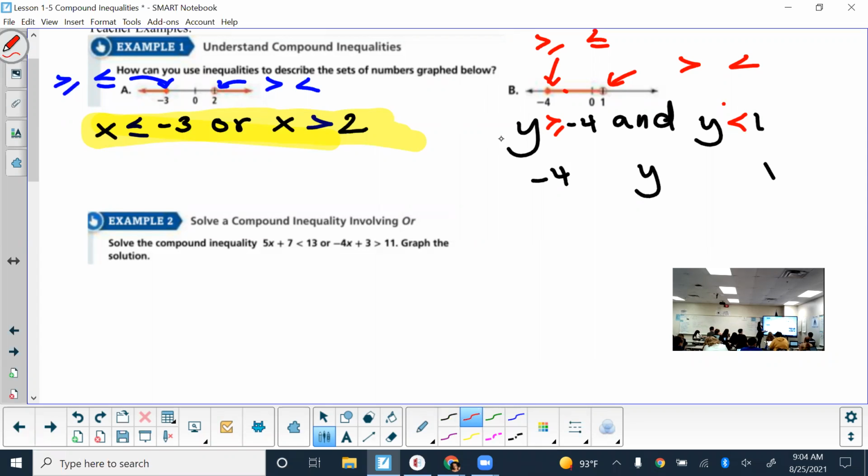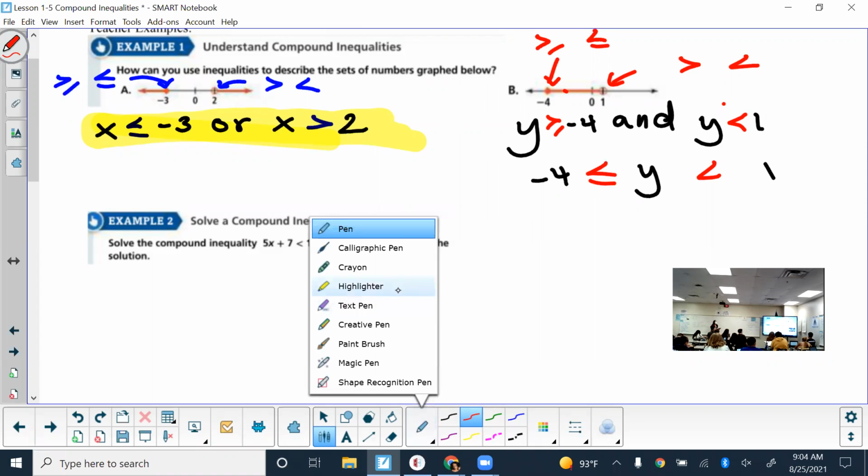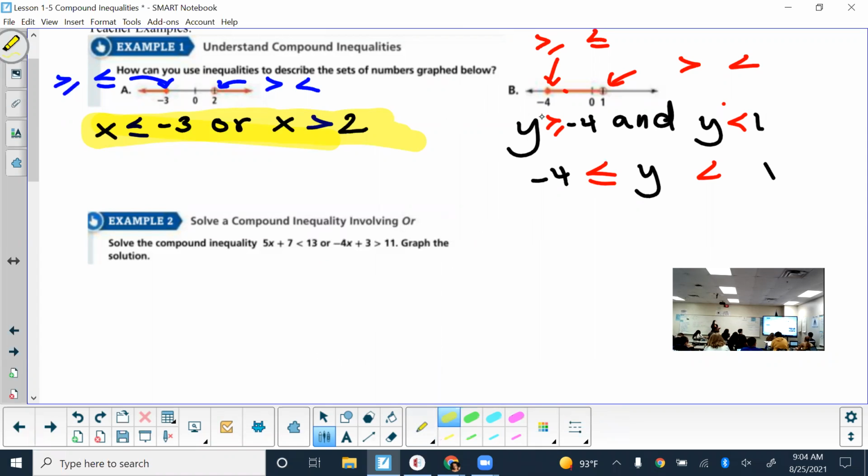So since the y is bigger compared to the -4, it needs to stay bigger. And then for the other one, since the y is smaller than 1, it needs to stay smaller than 1. So do you see, yeah, the sign flipped, but it's saying the same thing? Okay. And then for the other one, it didn't flip, but it's still saying the same thing. Questions there?